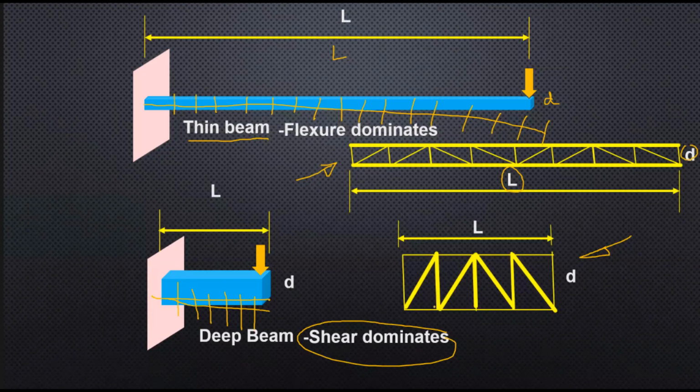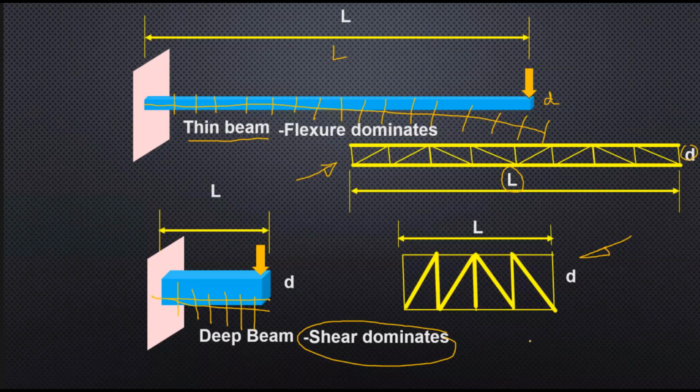Now, coming back to the shear dominant trusses, you will find the web members, the verticals or the inclines, are larger in size compared to the chord members, because of the low L by D, the shear dominance is there.